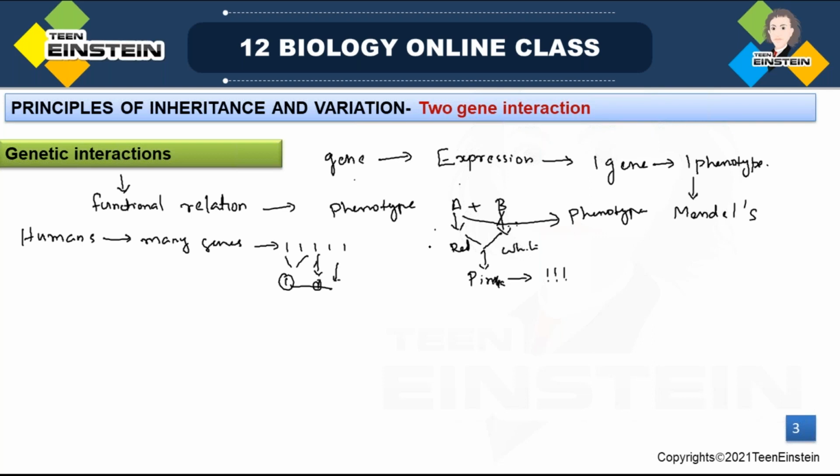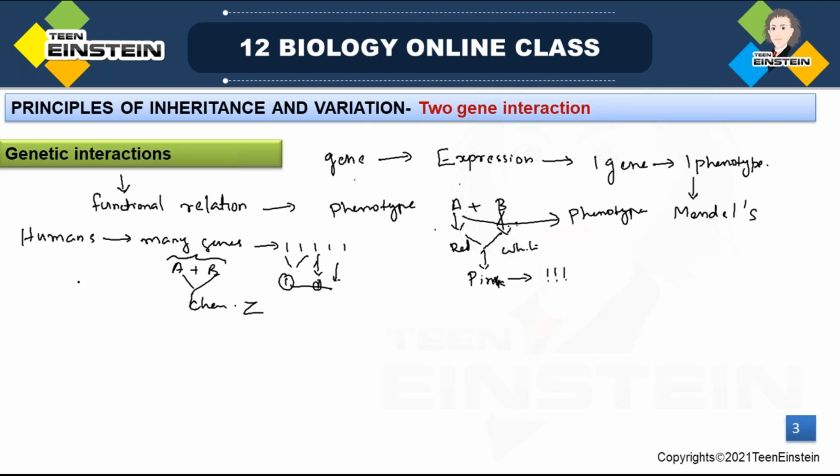Maybe gene A and gene B will combine and form a character Z. So these groups of genes interact with each other, and as a result of this group work, you will get particular expressions.